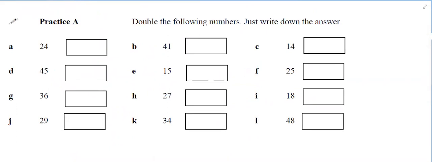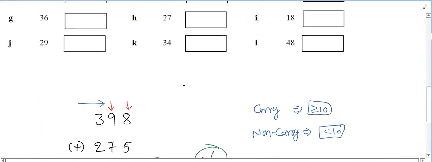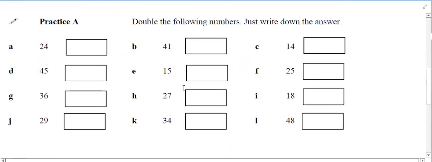Okay, let us start with Anvesha. Anvesha, your first question is already over. 24 and 24: 20 plus 20 and then 4 plus 4.